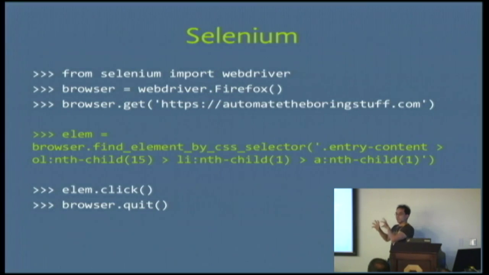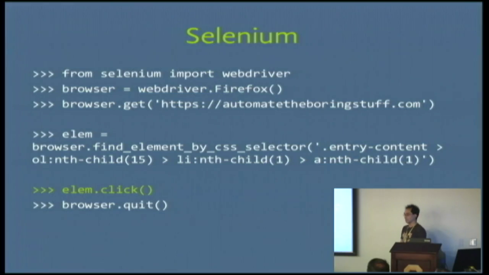This basically just identifies a single HTML element on the page, like a link or a button or something like that. And then once you have that element object, you can just click on it, and Selenium will direct the browser to click on it. And then after you're done, you can just call quit, and that will close the Firefox window. So that's basically launching a browser, clicking on stuff. That's mostly what web browsing is.